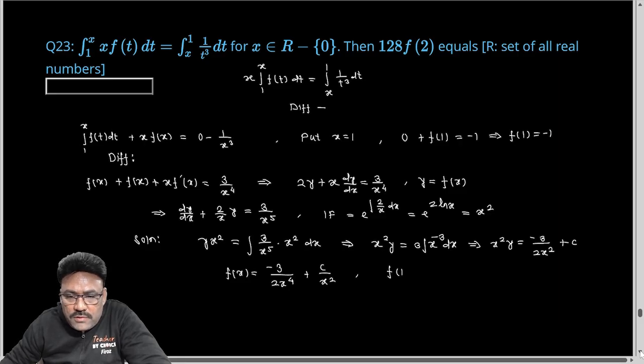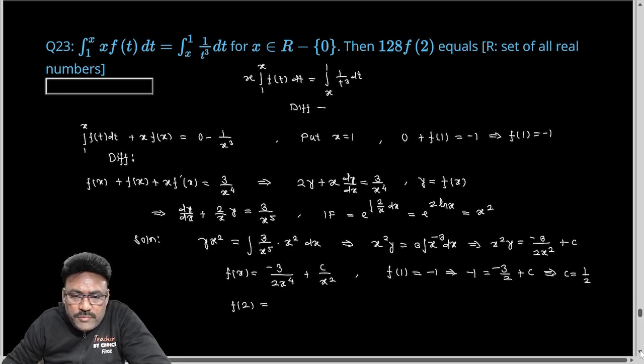Now f(1) is minus 1. So if I put x is equal to 1, left side is minus 1, right side is minus 3 by 2 plus c. So this gives you c is equal to half. Now let's find f(2).